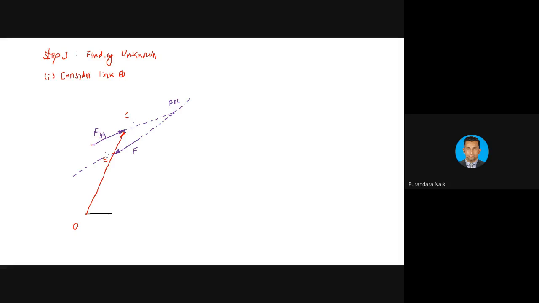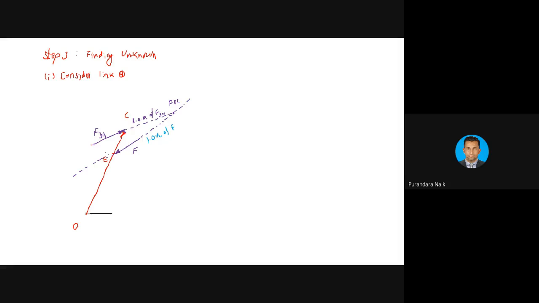So this is called as line of action, LOA, of F34. So the below one, the line of action of this is what? Line of action of F.